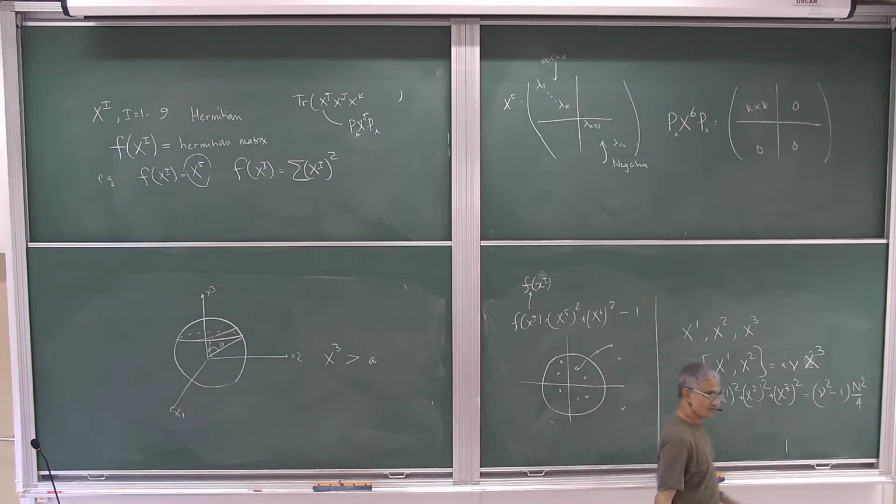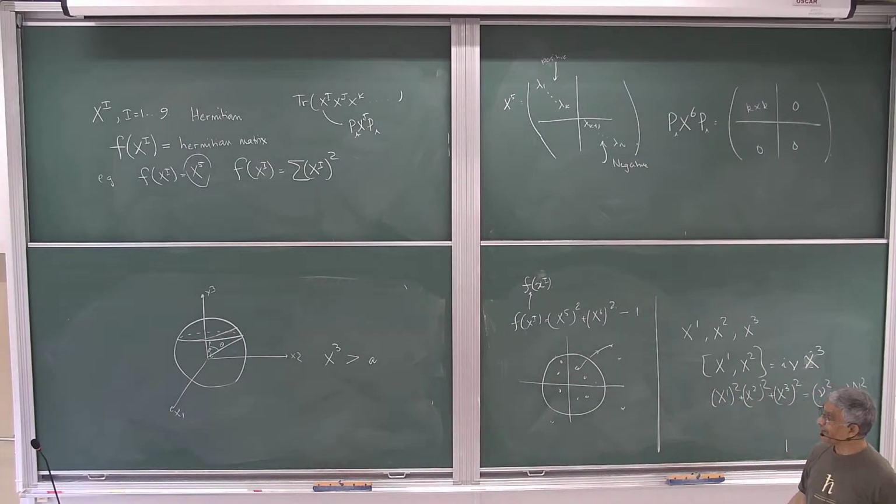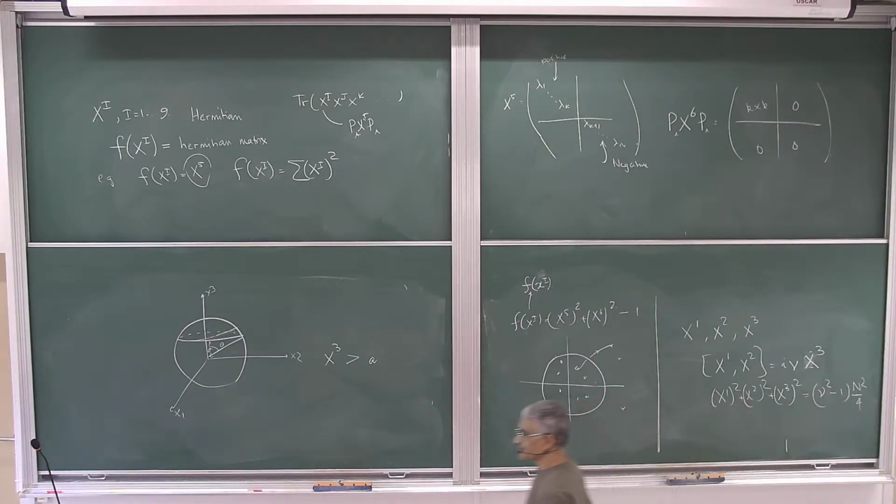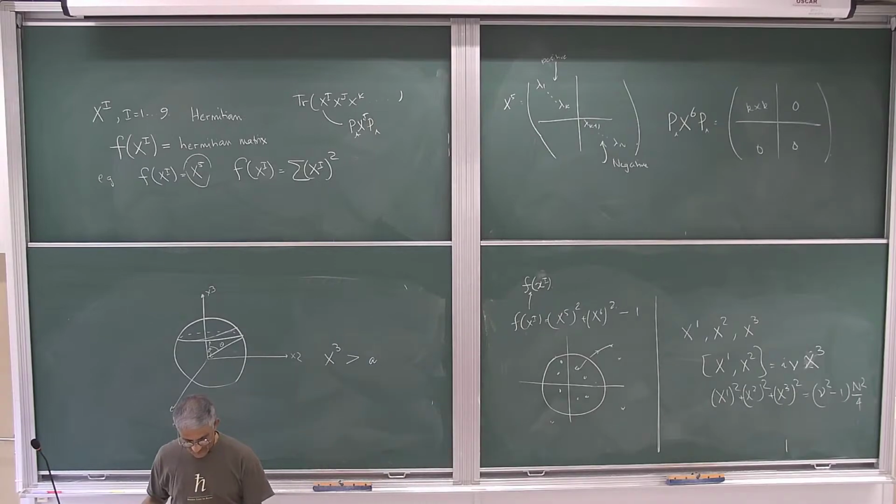And so you do the thing, namely you go to a gauge where x3 is diagonal. Then you figure out what happens to x1 and x2, because those are now still matrix degrees of freedom. I'll just tell you the answer they got.